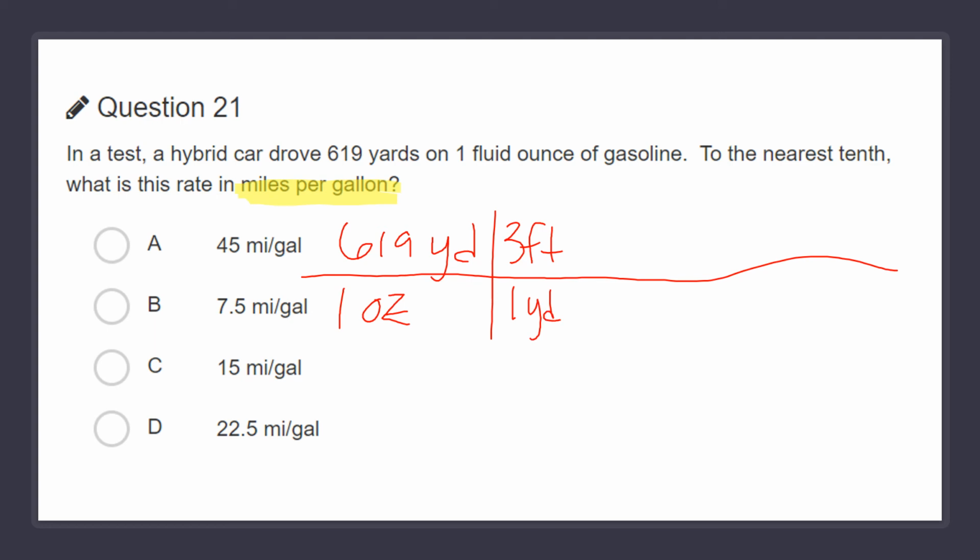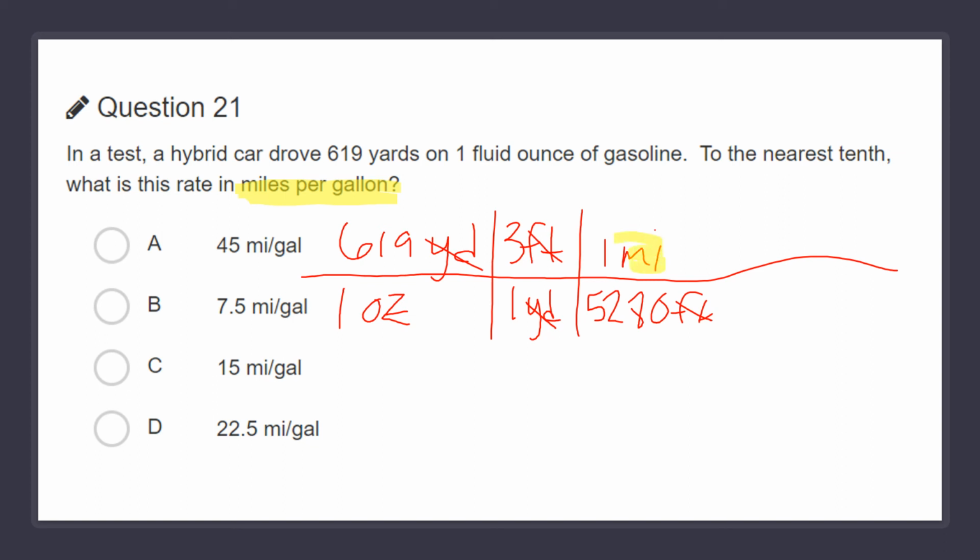So I'm purposefully putting the yard in the bottom to eliminate the yard that I started with. And then based on the last problem that we just did, we know that there are 5,280 feet in 1 mile. So feet goes in the bottom to cancel with the feet that I just created. So now we've got the miles part of it.